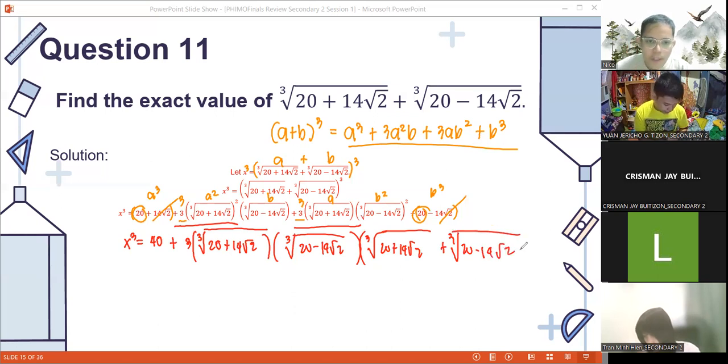The writing here is very complicated. That one, right? Because we factored it out.